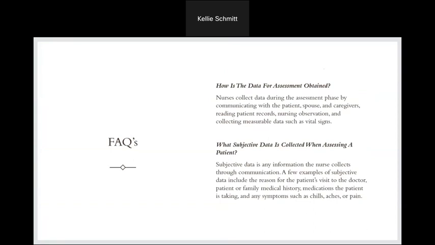Remember, objective data is any measurable information: height, weight, vital signs, lab diagnostics. And remember, we collect this data through verbal conversation and nonverbal. A patient may be clutching or guarding his side, holding their head, nonverbal.